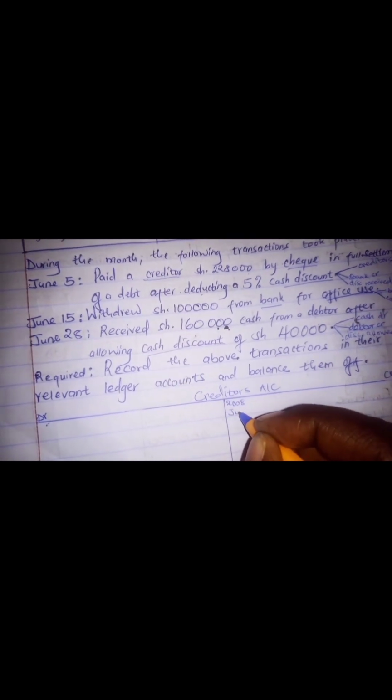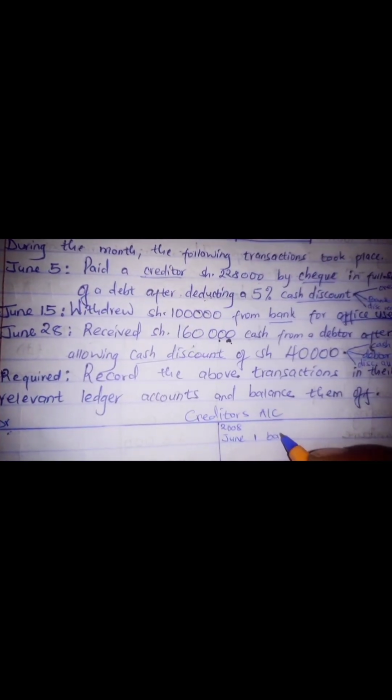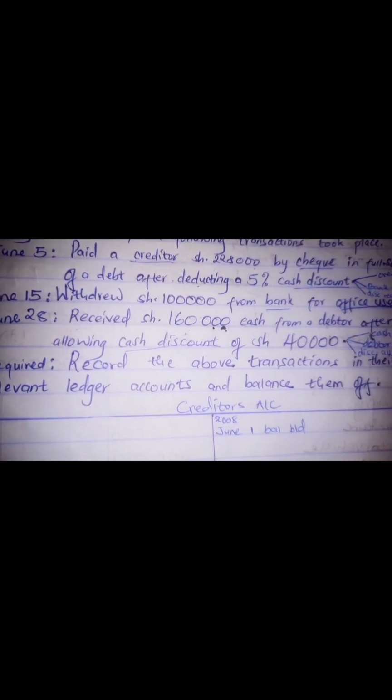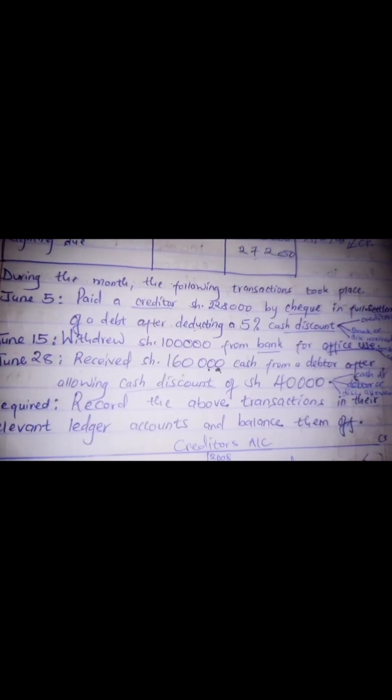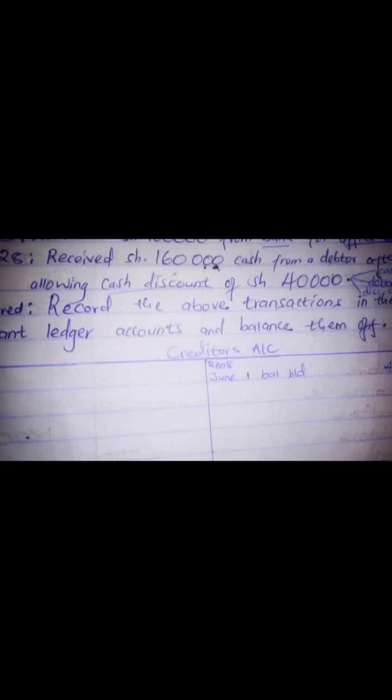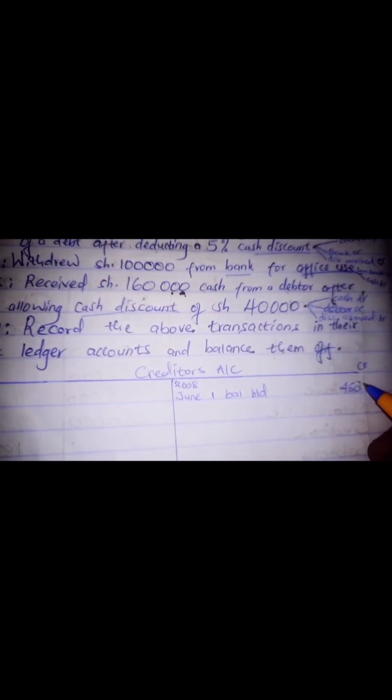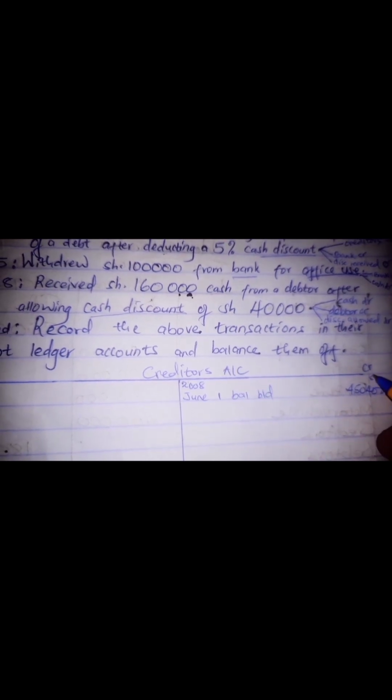So the year is 2008. The month is June. Date is 1. So our balance brought down amounted to 450,000.